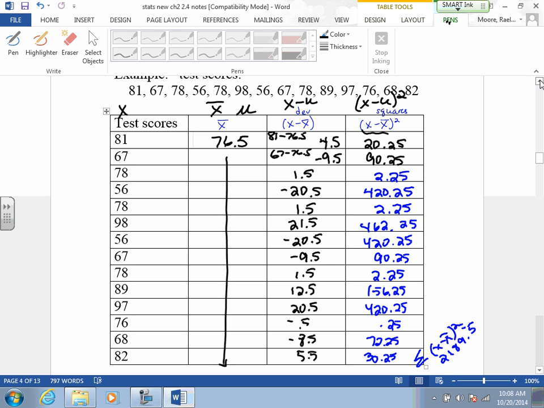Now, 2189.5. Here's your formula for your population variance. We're going to take the sum of the squares, which we just did, divided by how many is in that population. This is your population variance.